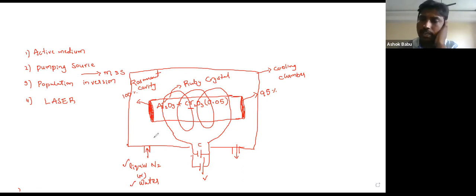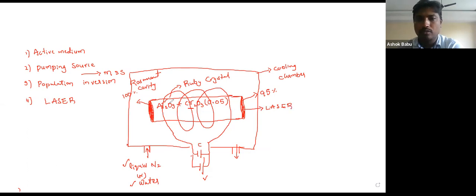So coming to the construction of the ruby laser again: it consists of a ruby crystal with aluminum oxide ions, with 0.05% of chromium oxide ions mixed into the aluminum oxide ions. Two ends of the ruby crystal are silvered. One end is partially silvered and one end is fully silvered. The laser comes out from the partially silvered end.